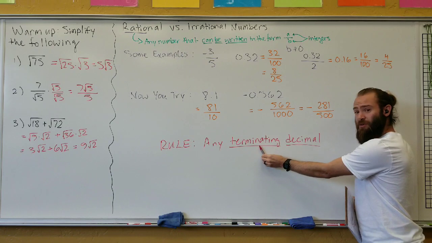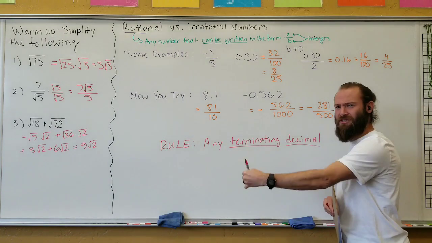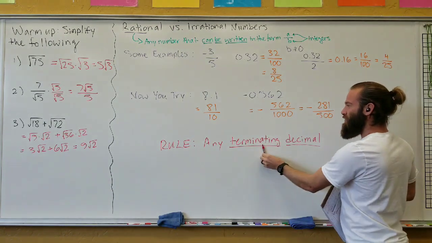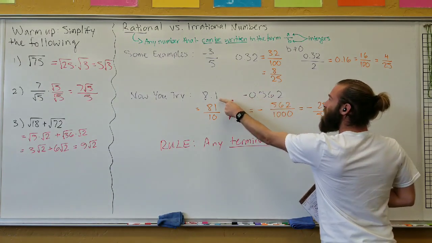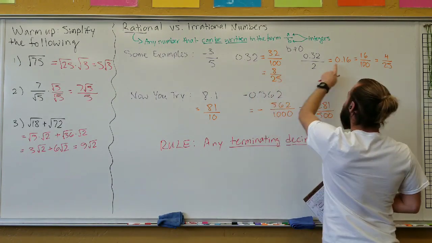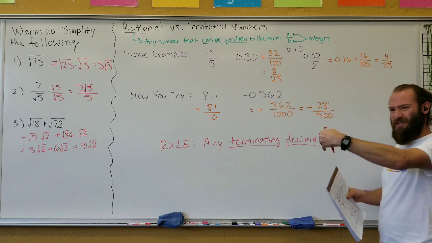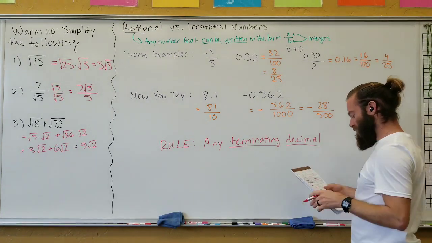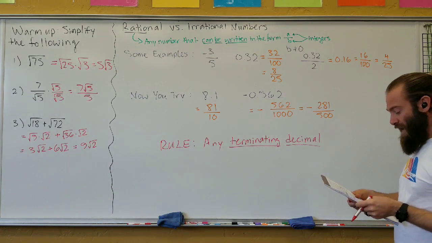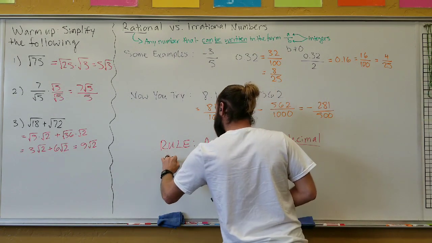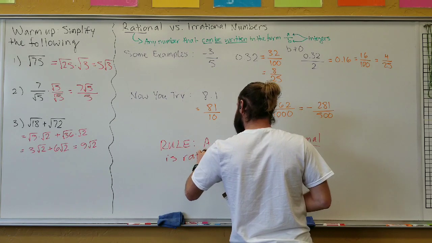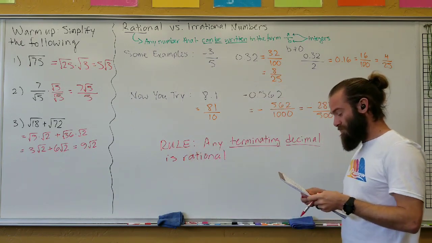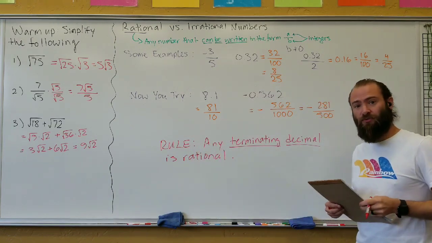Now, remember the word terminate means to end something or finish something. So what we're talking about is, if you notice all the decimals we've worked with so far, they stop, right? So any terminating decimal is rational, okay? That's an important rule.